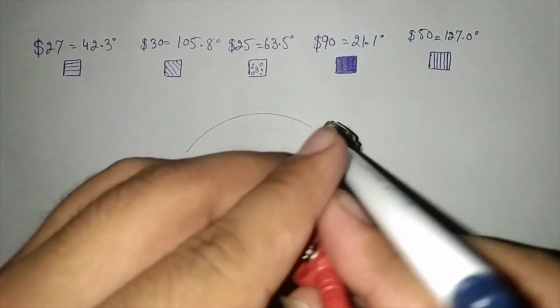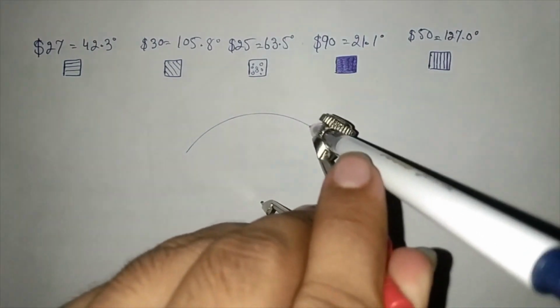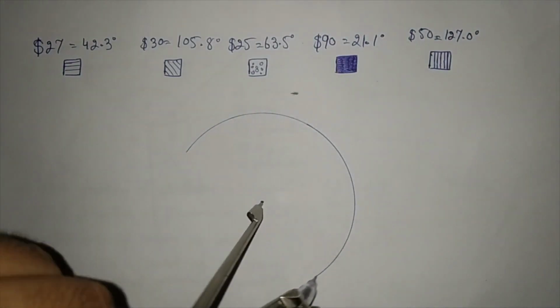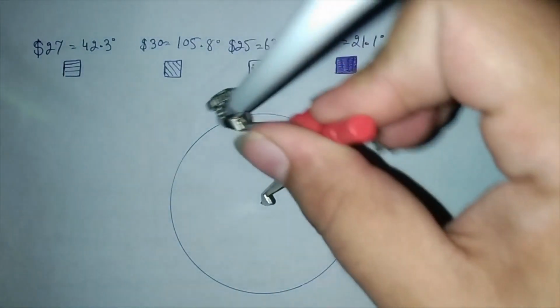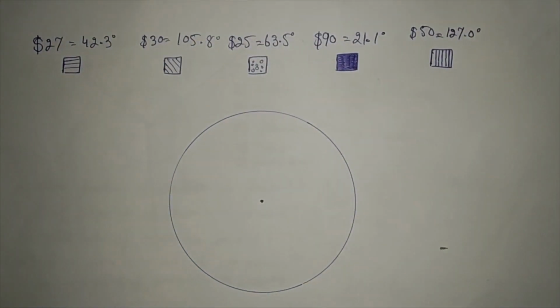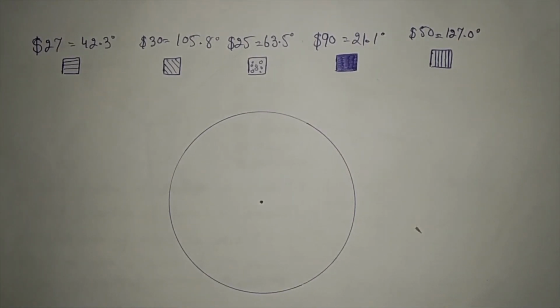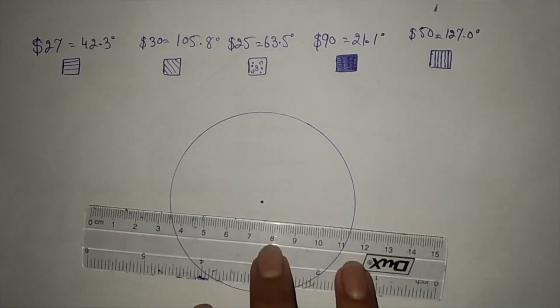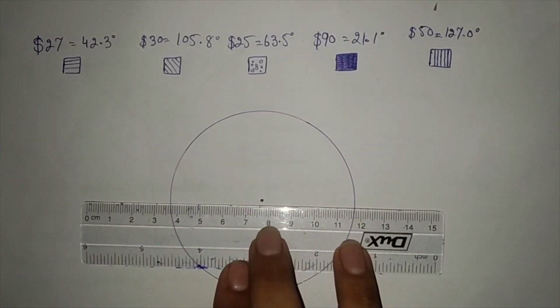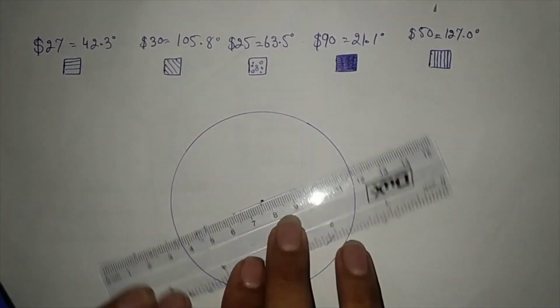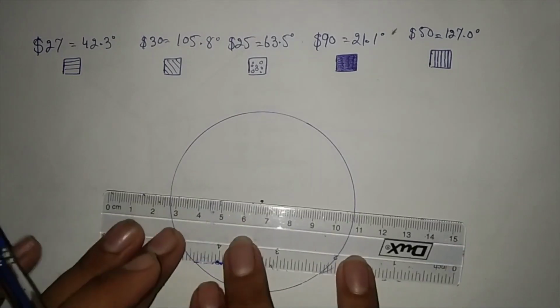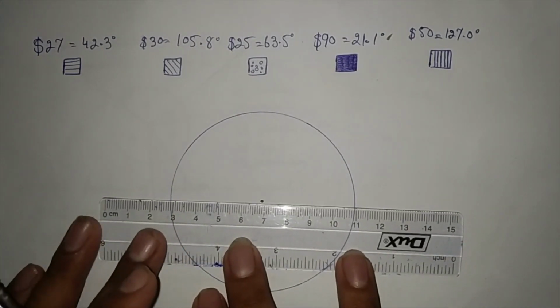Make sure that your legs' distance remains the same, otherwise you will not get a correct circle. So now we have a circle, and now we will draw a radius. You can draw a radius in any direction, like this one, that one, etc. So I'm drawing it like this.